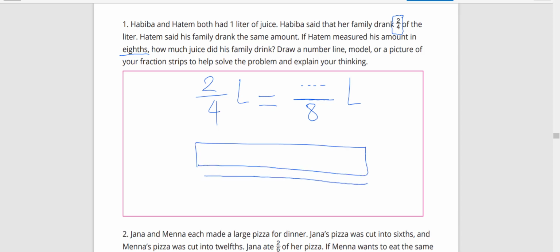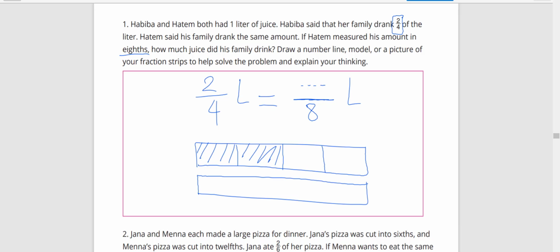Here I have the same bar. The first one is divided into 4 equal parts. Each part is 1 over 4. The first fraction strip represents the juice that Habiba's family drank, 2 over 4, and the second represents the juice that Hatem's family drank, but in eighths.